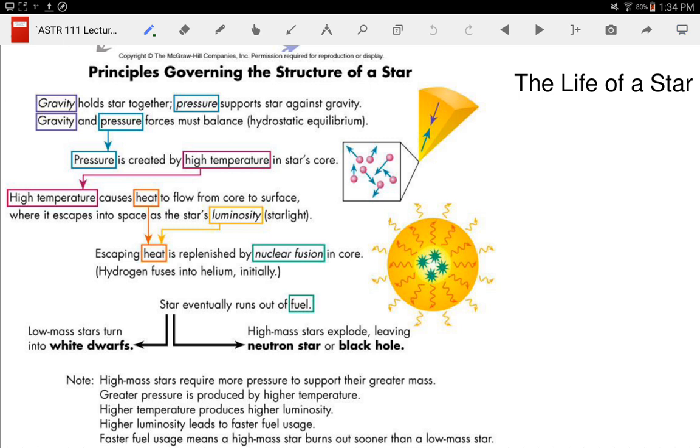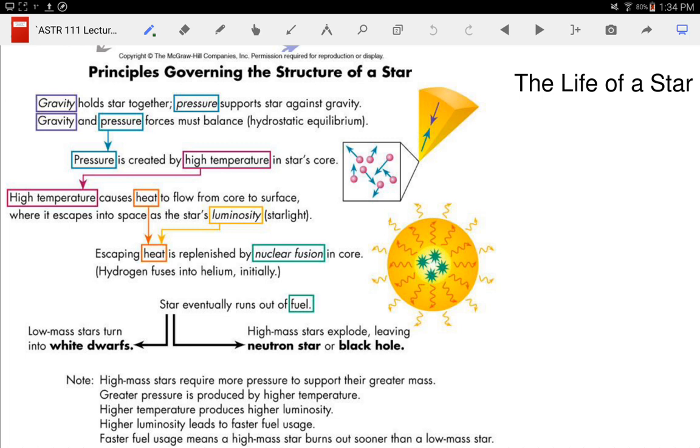And then the star will continue like that until it runs out of fuel. Its fuel, since it's fusing hydrogen to helium, is hydrogen. When it runs out of hydrogen to fuse, then the reaction in the core slows down. It isn't producing energy as quickly. If it's not producing energy as quickly, then it cools down. The pressure pushing out gets smaller. Gravity pulls stuff in. Of course, as gravity pulls stuff in, that raises the temperature up again.